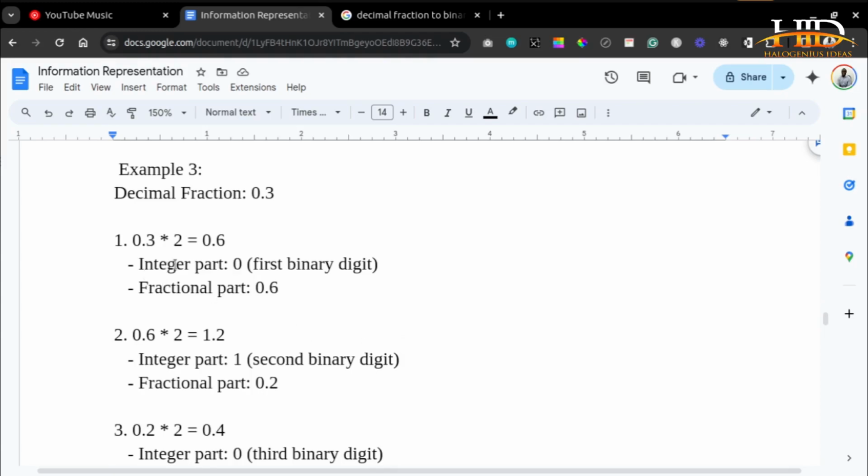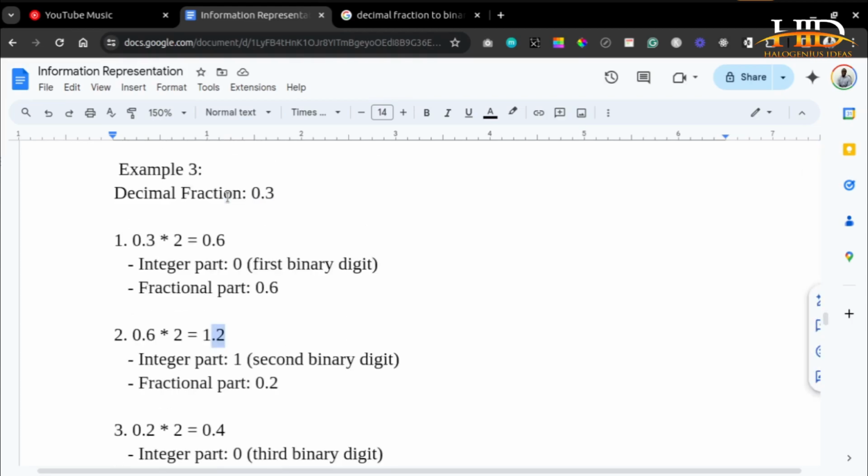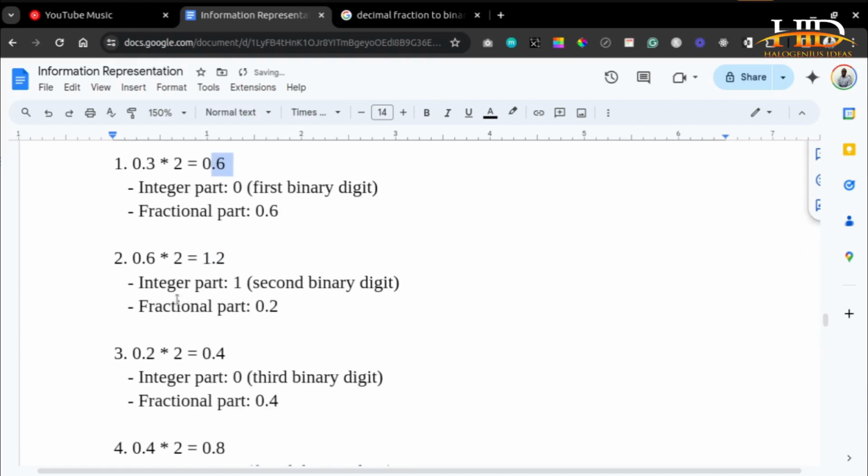For the third example, I'm having 0.3 for us to convert to binary digits. So I'll multiply by 2 first. This is the integer part and this is the fractional part. I'll multiply by 2 again. I think I made a mistake here. No, control Z. So in this other case, multiply by 2.